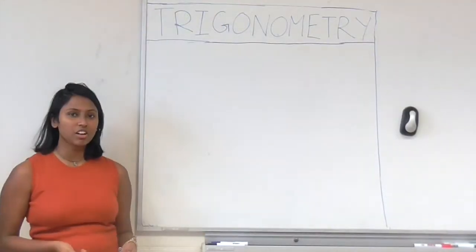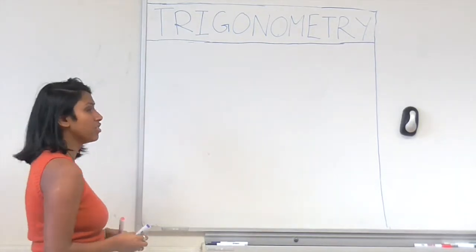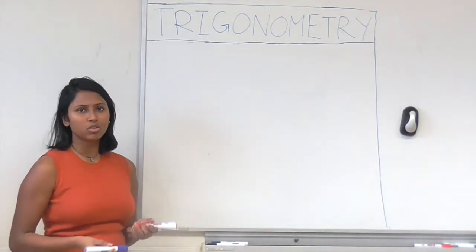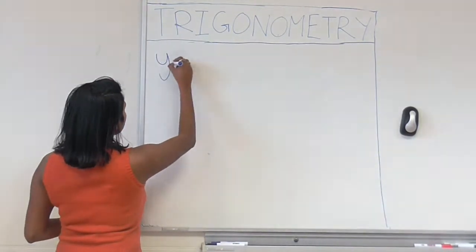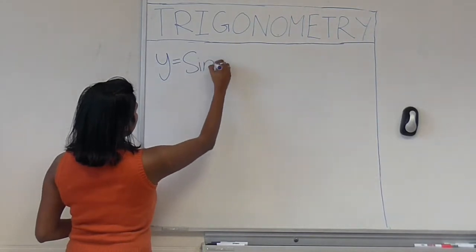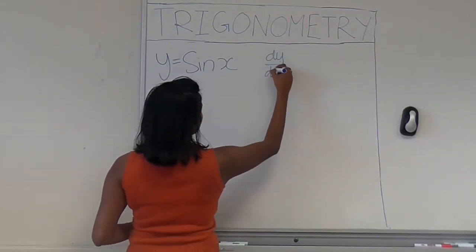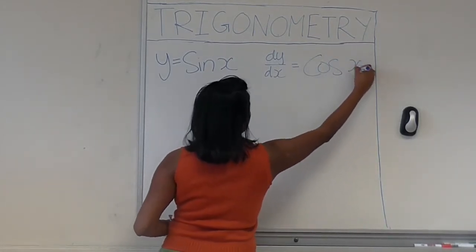Okay, so the last set of functions that you need to know how to differentiate are trigonometric functions, and I'm going to give you the basic rules that you should remember. So if we have y equals sine x, then your derivative is going to be cos x.